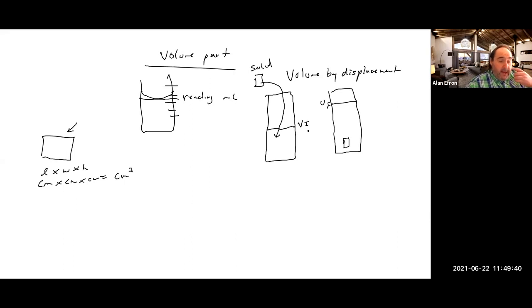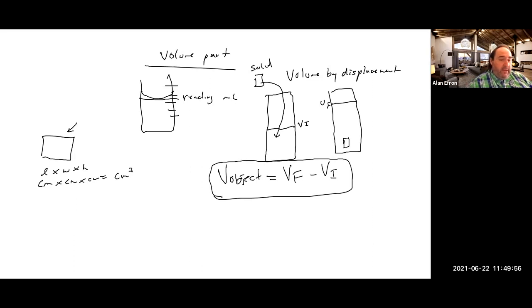And basically the object will displace a volume that's equal to its own volume. So the volume of the object will typically be the final volume of the liquid minus the initial volume. So this is a very common way that we calculate the density of a particular object, by doing that volume by displacement.